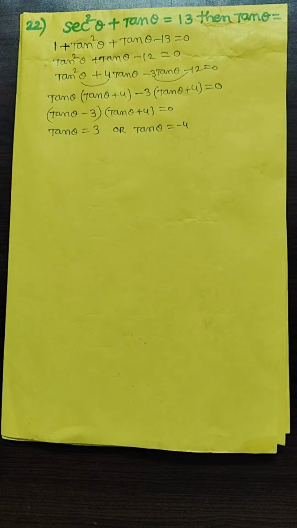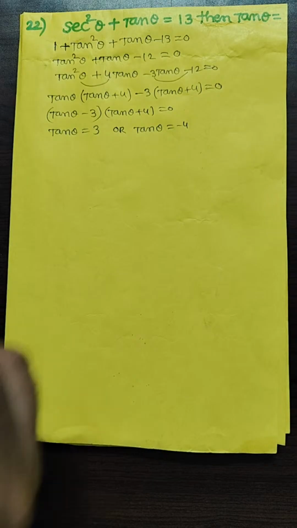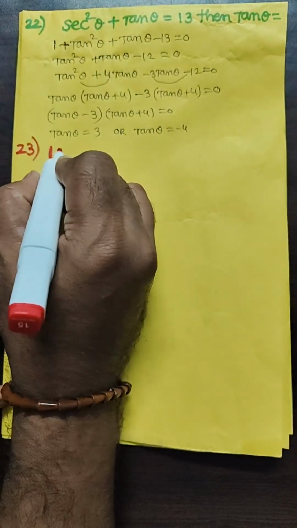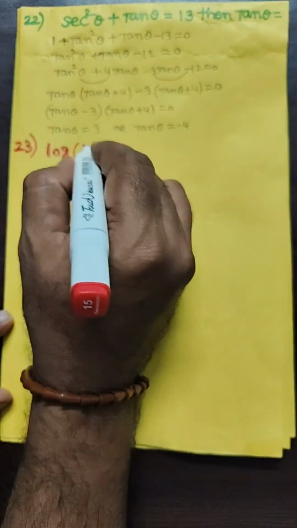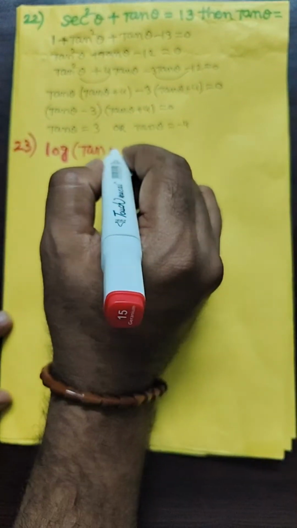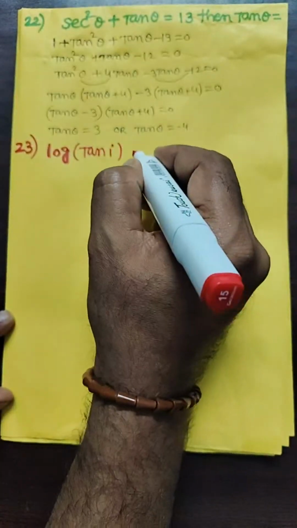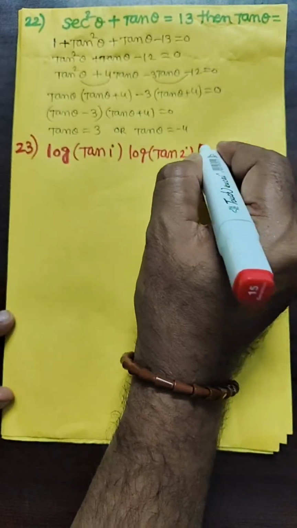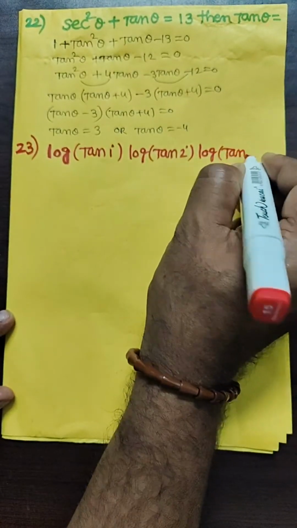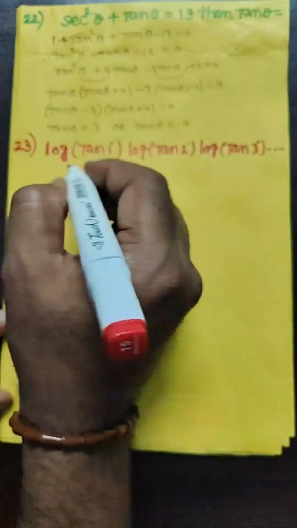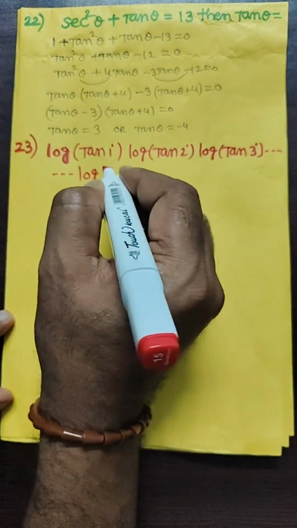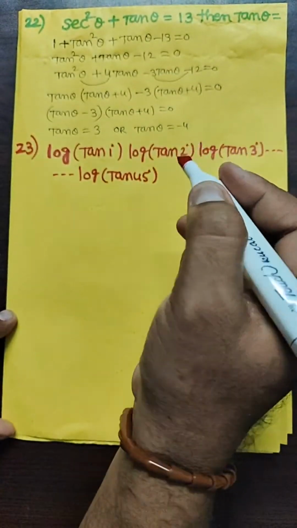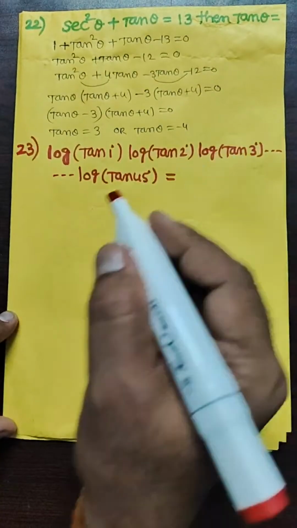Next question number 23. Log tan 1 into log tan 2 into log tan 3 and so on, log tan 45 is equal to?